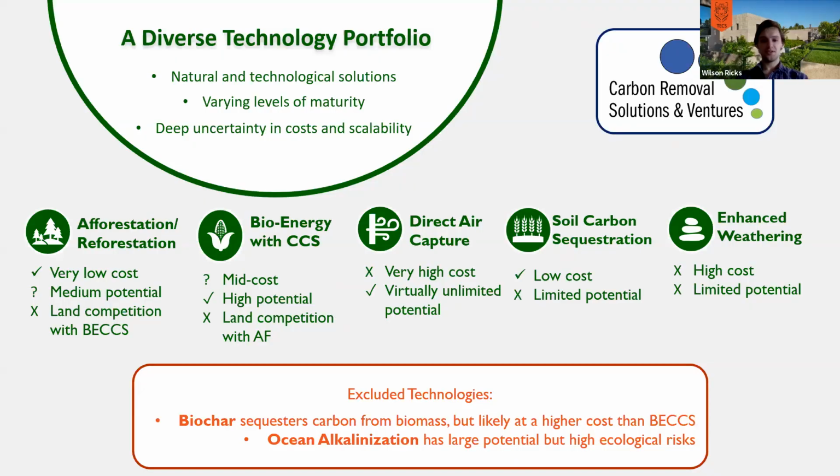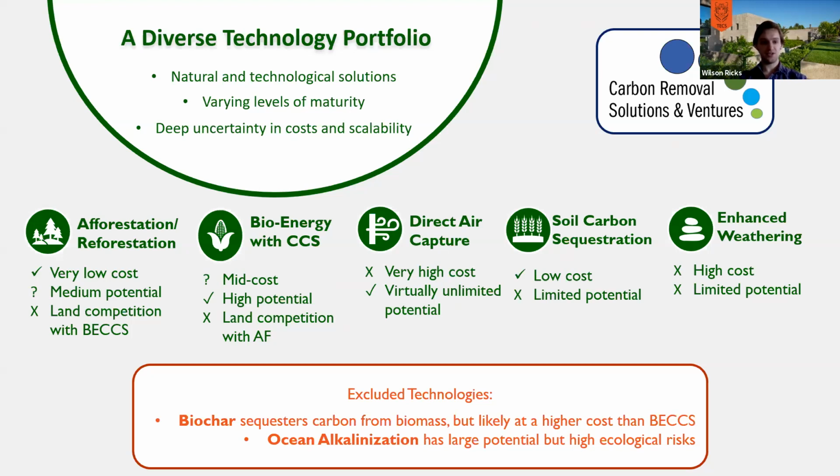So to allow each country to meet its CDR quota, we analyzed the range of possible CDR technologies available, ranging from both the natural solutions to more technological options across varying levels of maturity. And we settled on 5 technologies that we thought were especially promising and scalable.